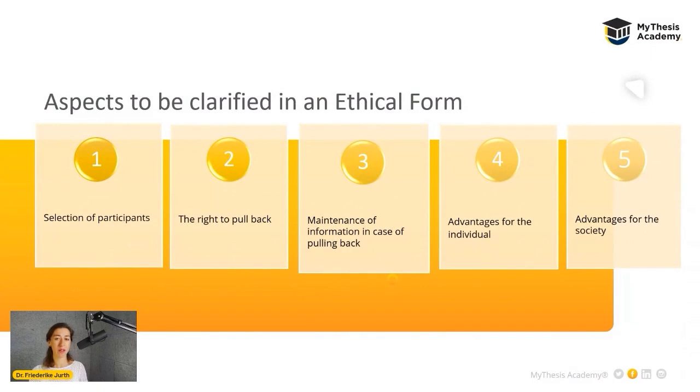Now I have some more aspects to be clarified in an ethical form. So here, apart from what we already discussed, you also should name the participants.